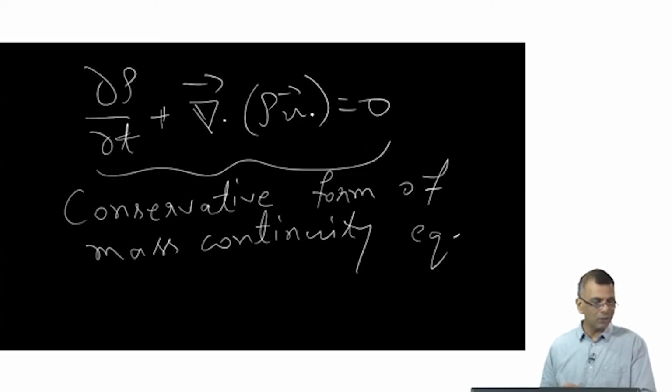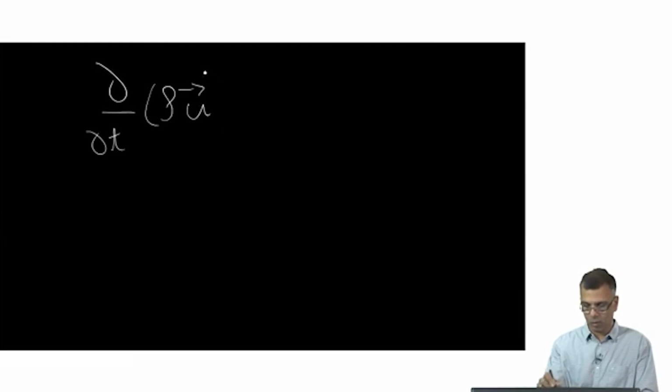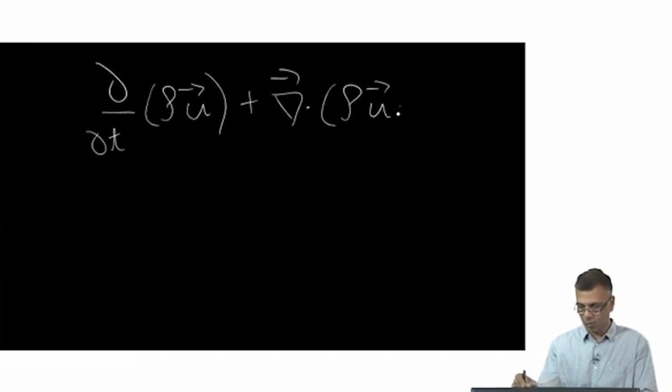And by exact analogy, you can write the conservative form of the momentum continuity equation, which, if there are no forces acting on the parcel of fluid, would be this.